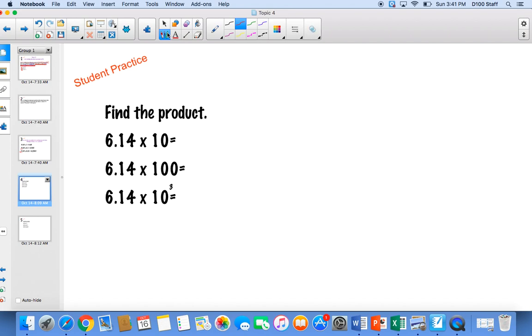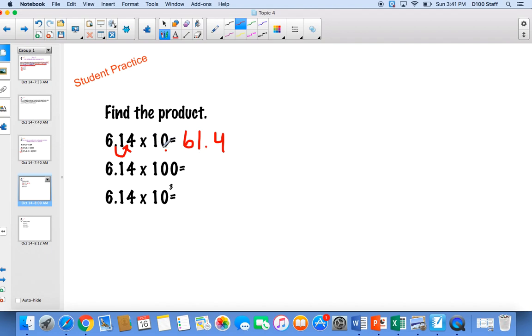All right, so let's start with our first one, 6 14/100 times 10. We know that this is not a decimal, so I'm going to be moving my decimal place to the right. I have 1 zero, so I only have to move my decimal place 1 time to the right. My number goes from 6 14/100 to 61 4/10. See how I got bigger there?